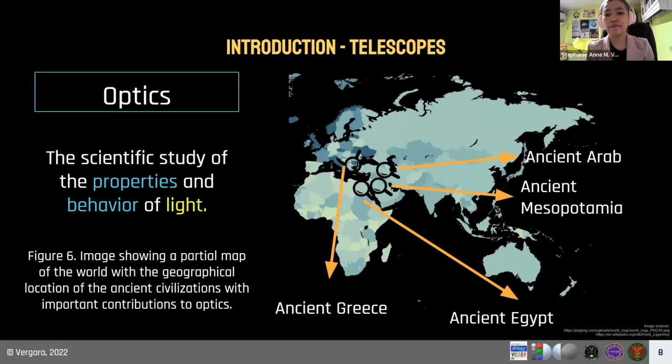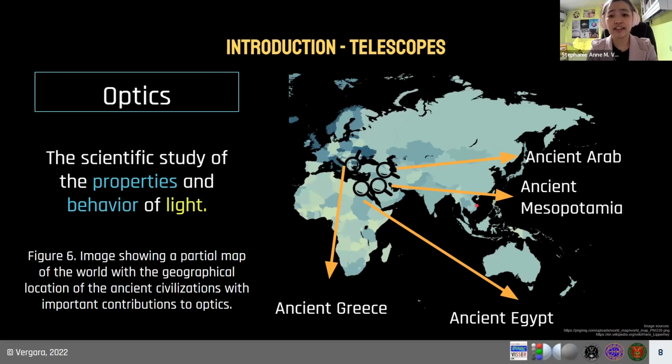Optics began with the development of lenses by the ancient Mesopotamian people and ancient Egyptians, followed by the theories on light and vision developed by the ancient Greek philosophers, and the successful experiments done by ancient Arab scientists.